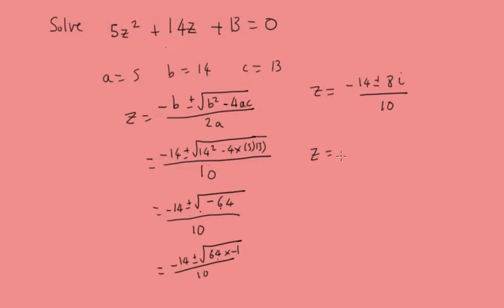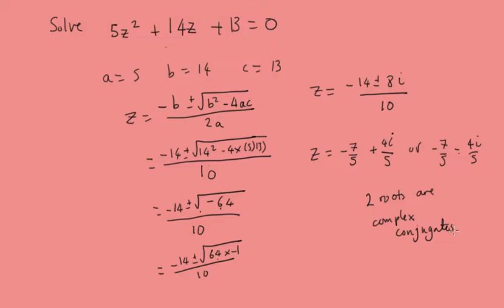So that tells us that z is equal to minus 7 over 5 plus 4i over 5, or minus 7 over 5 minus 4i over 5. Now note, the two roots are complex conjugates of each other.